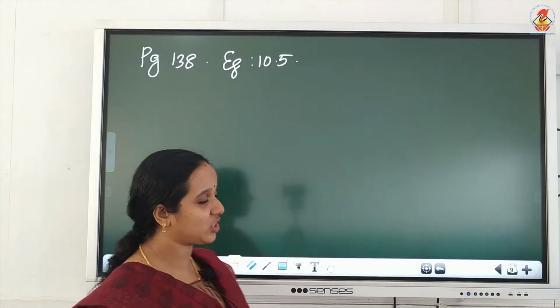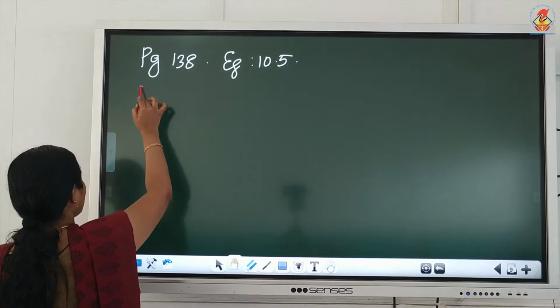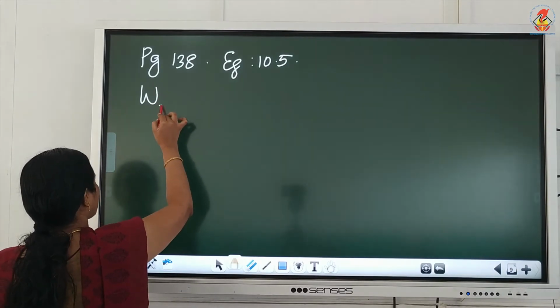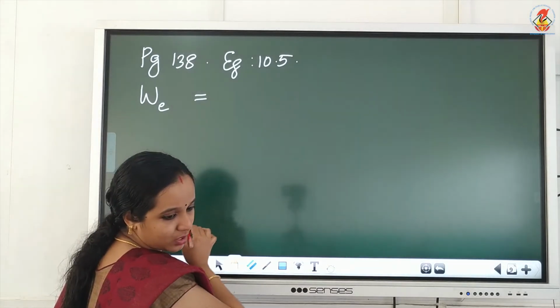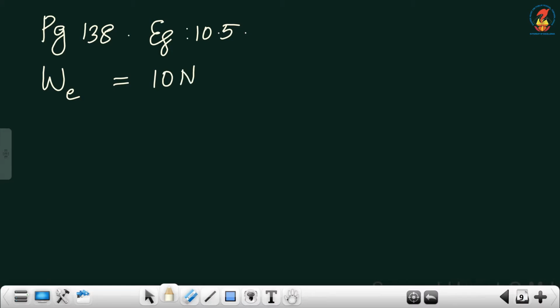So when you measured the weight of an object on the surface of earth, the weight was 10 Newton. You need to find the weight of the same object when measured on the surface of moon.